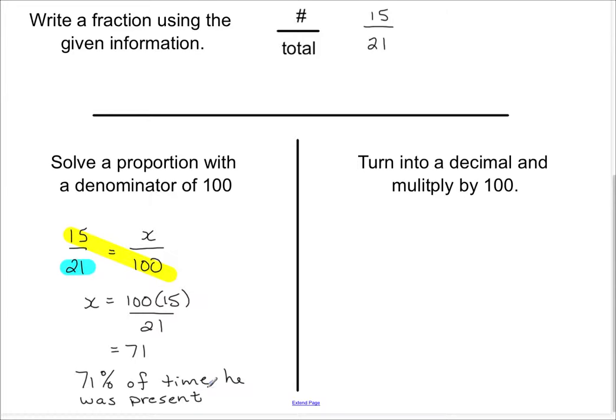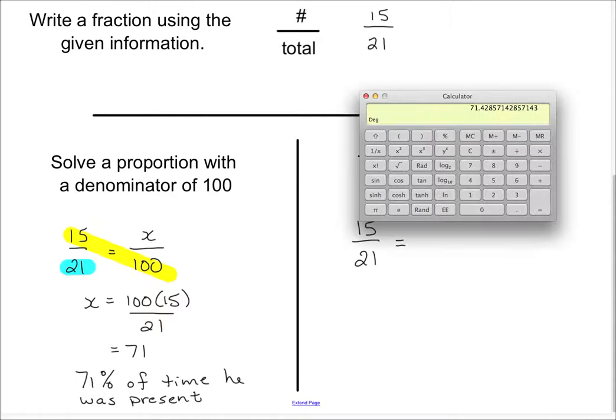Now I'm going to show you a separate way to calculate it, and this is the way that most people would calculate it. But since we were talking about percentages being over 100, I wanted to show you the first way. Usually what they're going to do is take that fraction, 15 over 21, and turn it into a decimal just by dividing it.